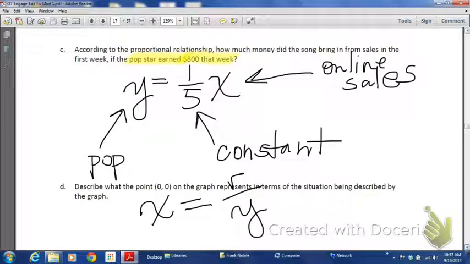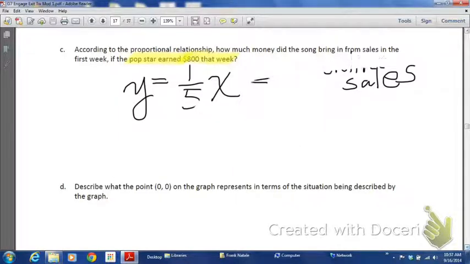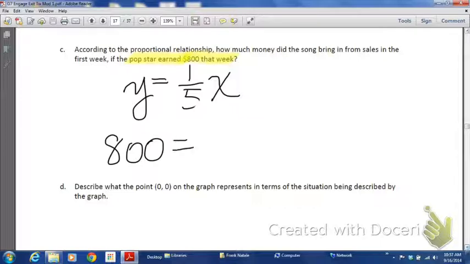Okay, we can do it that way as well. But if we just go ahead and plug it in here, we can just get all this out of the way here. Okay, so if we do that, 800 equals 1/5 x.